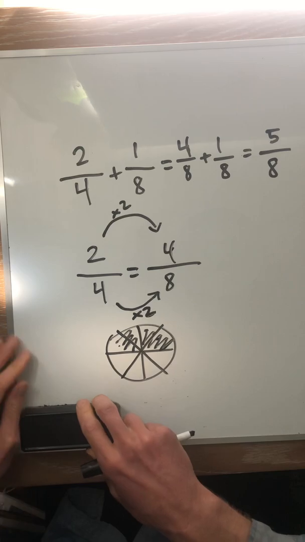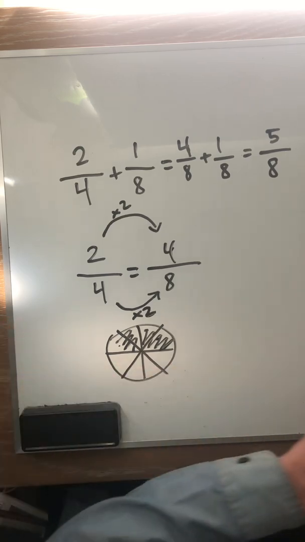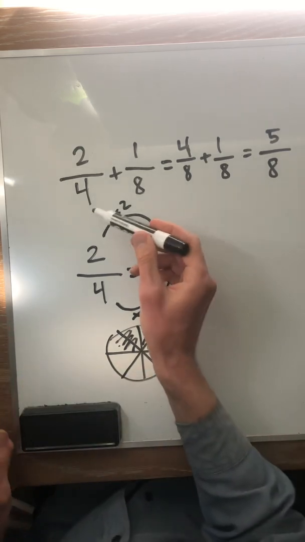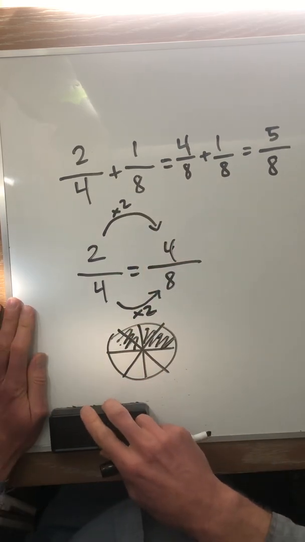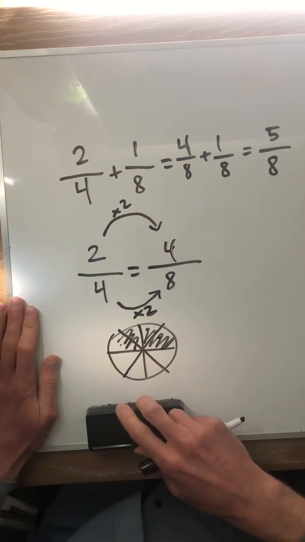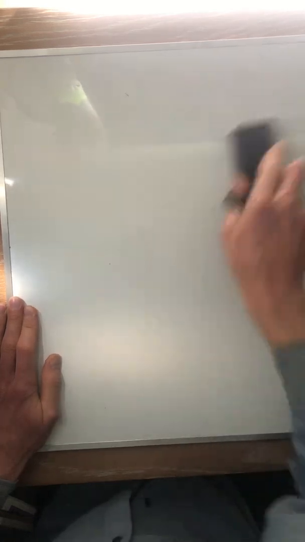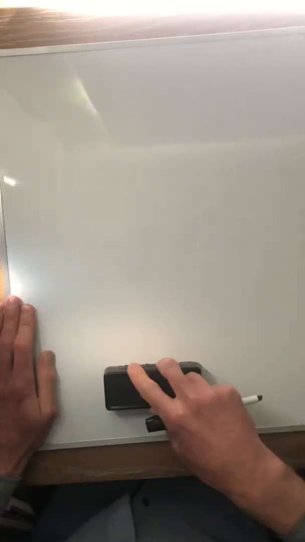So that's a way to do it for problems when it's clear, oh yeah, I just need to double this one to turn into eighths. But you're going to notice sometimes it doesn't quite work out that perfectly.